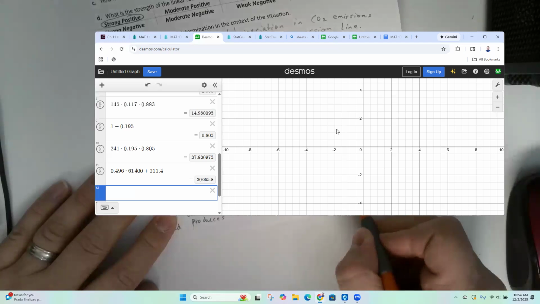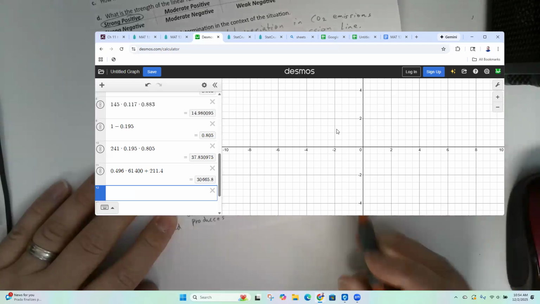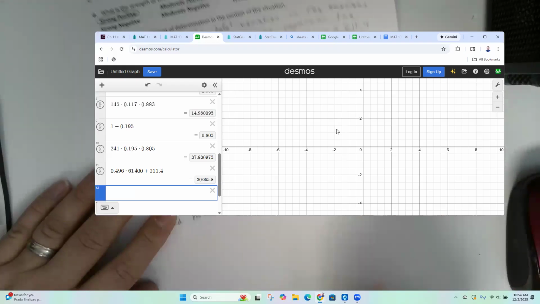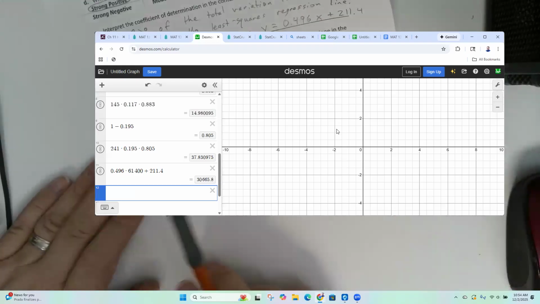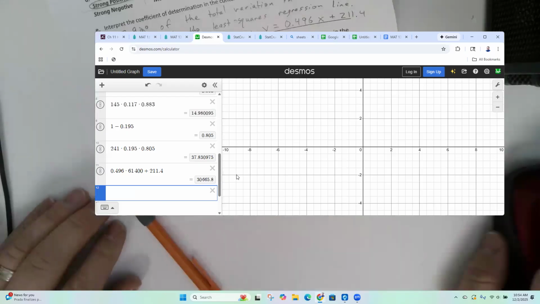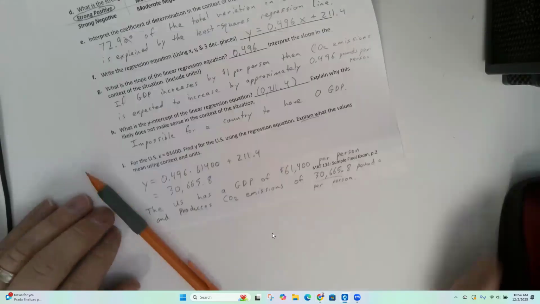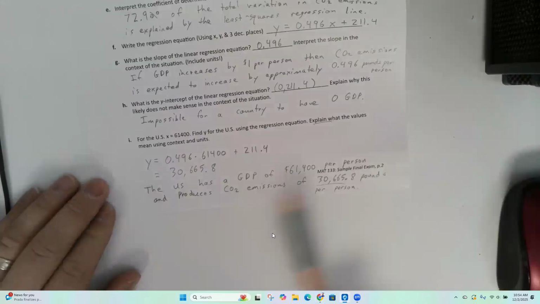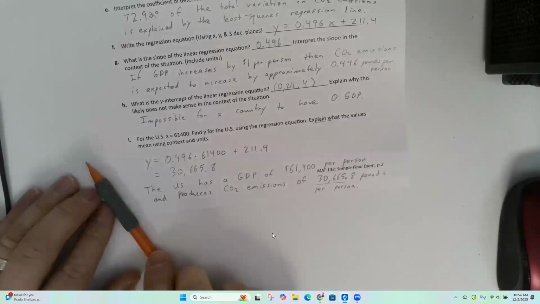Okay, that's how much each of you is putting into the atmosphere. 30,000 pounds of CO2. Seems like a lot. Okay. US has a GDP of this per person and produces CO2 emissions of that per person.